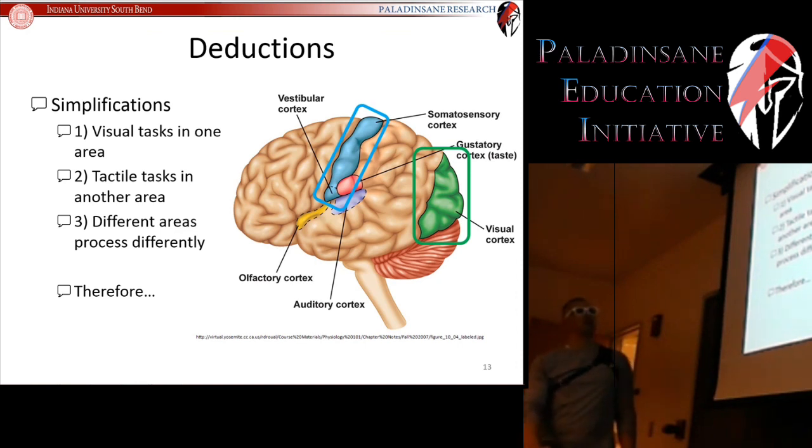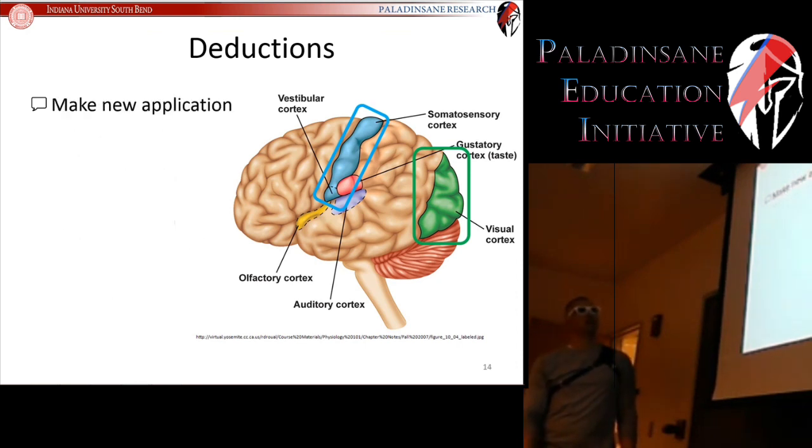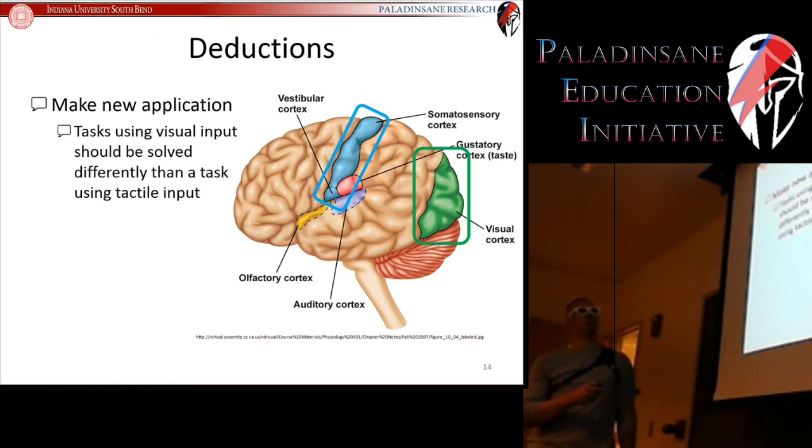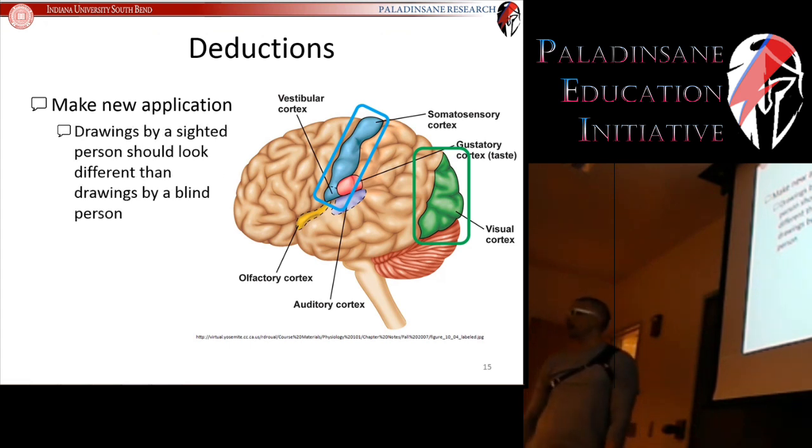And what that means, and this is the new application, is that a task that involves visual input should be solved differently than a task that involves tactile input. We can take it a little bit further and say, all right, drawing is a visual task when it's done by a sighted person. Drawing is a tactile task when it's done by a blind person. So drawings by a sighted person should look different than drawings by a blind person.